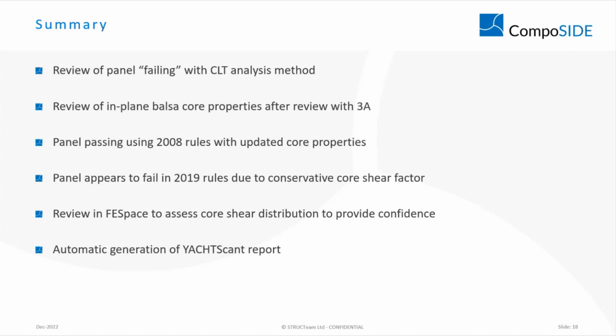We reviewed in FESpace using FE models to actually check the actual shear forces on the panel, which gave us some confidence that the panel was okay. And then we generated an automatic report from YACHTScant. So I'll hand over to Nico, who will run through the updated subscription plans.